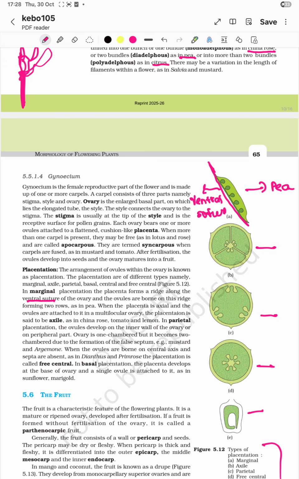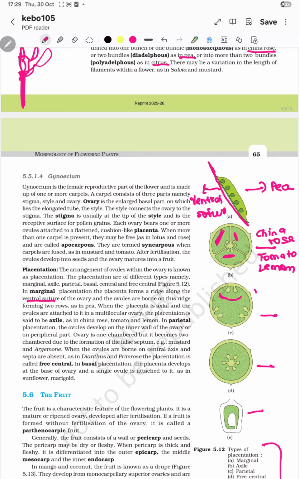Axial placentation. The ovary is multilocular. Locule means several cavities. For example, China rose or hibiscus. Tomato and lemon are also other examples of this. Parietal placentation means the ovules are developing on the inner wall of the ovary or peripheral part.